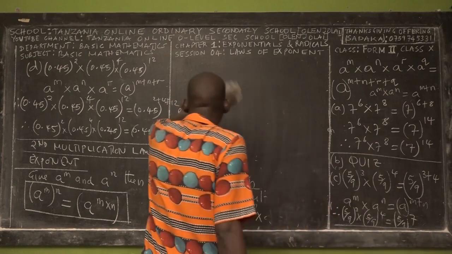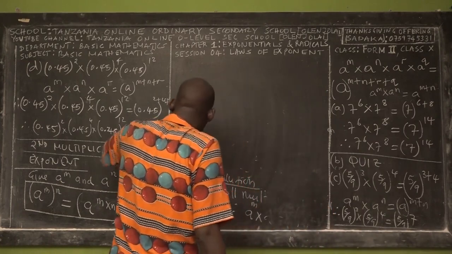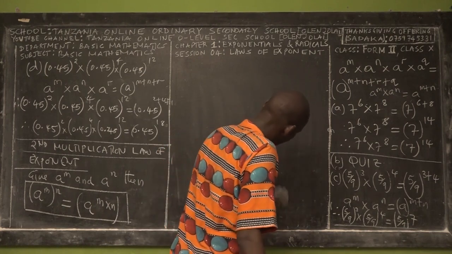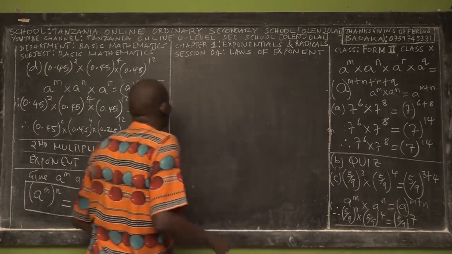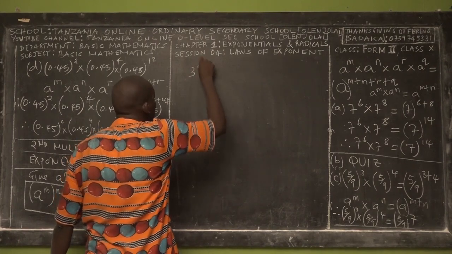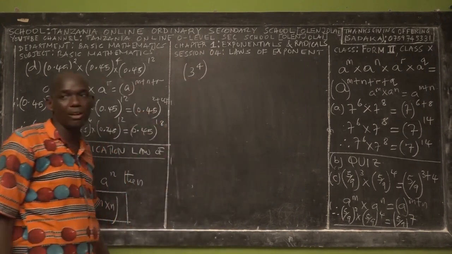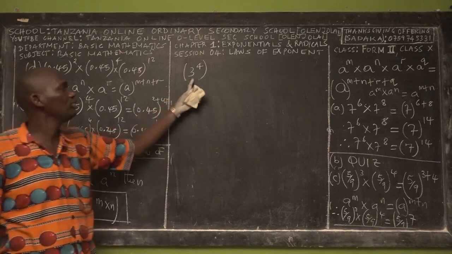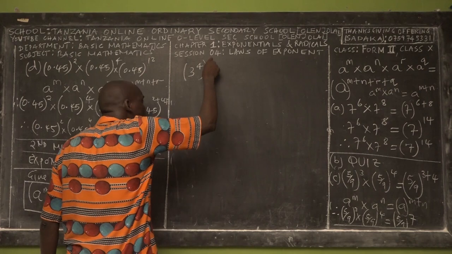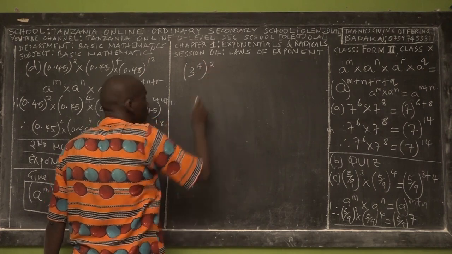Let me clarify, because I know the concept is not clear for many students. What does that second law mean? For example, if you are given 3 power 4, we know this is power form of exponent: this is the base, this is the exponent. But again, we have another exponent outside of the bracket, which is 2.